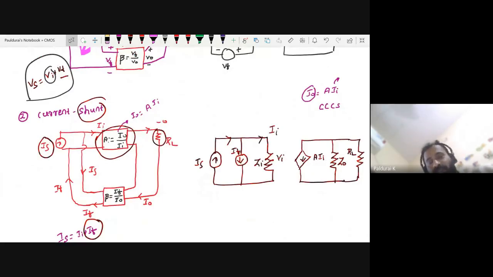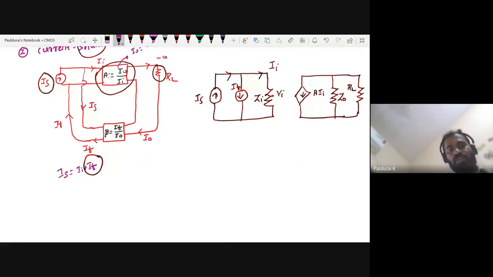Did you understand now? Voltage series, current shunt. Now can you go for current series? Current series, right? So what gain would there be? My output is current, but input is voltage.